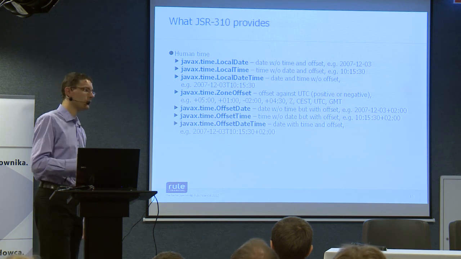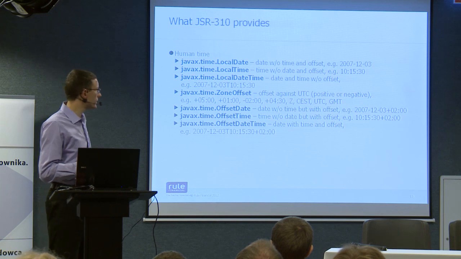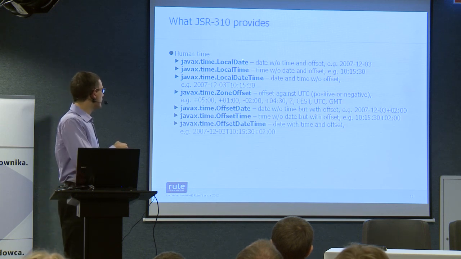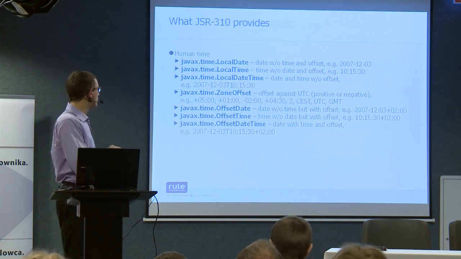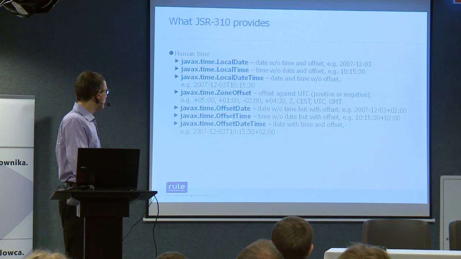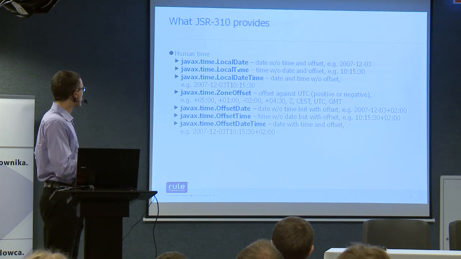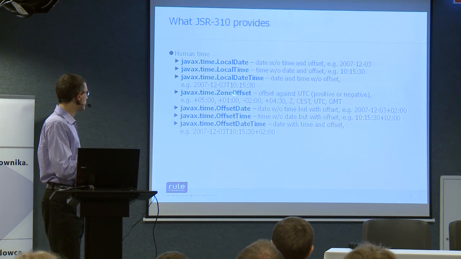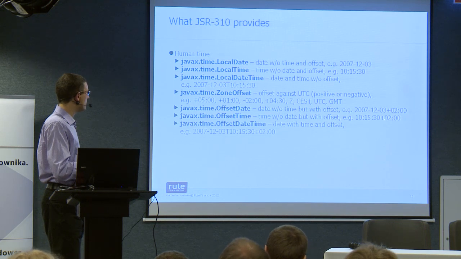So ZoneOffset is just the model for the offset. Now if you take LocalDate and combine it with ZoneOffset, the result is OffsetDate. So you see a date, no time, but there is an offset. By analogy, if you take LocalTime and add the ZoneOffset, the result is the OffsetTime class. So time plus offset, but no date.